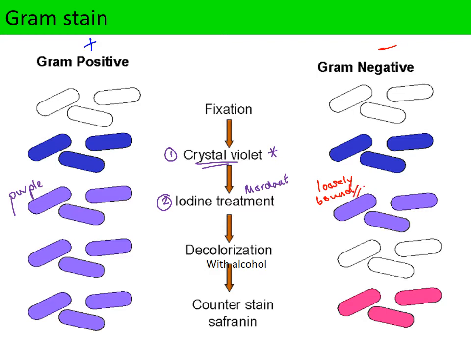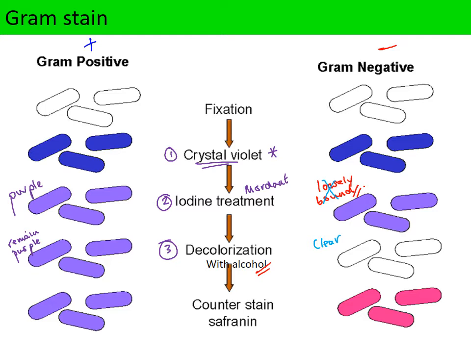We then decolorize or differentiate with alcohol, such as ethanol, and that is going to wash off any loosely bound crystal violet, but we know gram-positive remain purple because the crystal violet is covalently bonded to the thick layer of peptidoglycan. However, on the right hand side, the gram-negative bacteria now appear clear, and that is because the loosely bound crystal violet has now been washed away, and also the lipopolysaccharide membrane has been dissolved, and that will expose the thin layer of peptidoglycan.